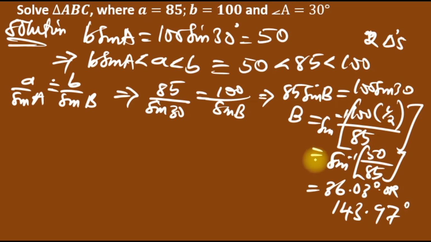You'll be wondering how come it's two answers. Remember, sine is positive in the second and in the first quadrant. So that's why I say two triangles must be formed, as you can see. So when B is 36.03 and when it is 143.97. So we have the first triangle when it's 36.03.